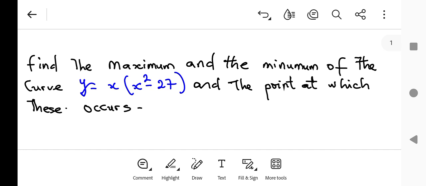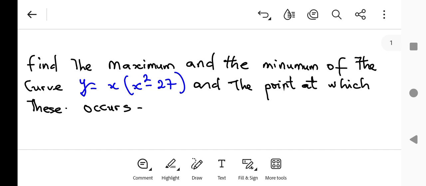So what are the things you need to consider when solving this? You need to understand what is a curve, what is the minimum point and what is the maximum point, what is a turning point and what is a stationary point.